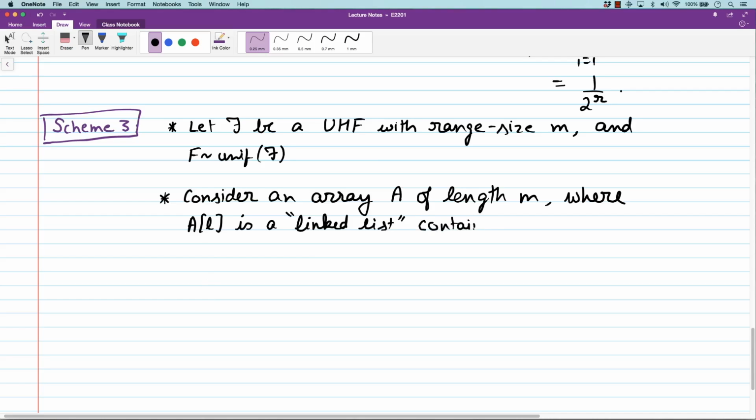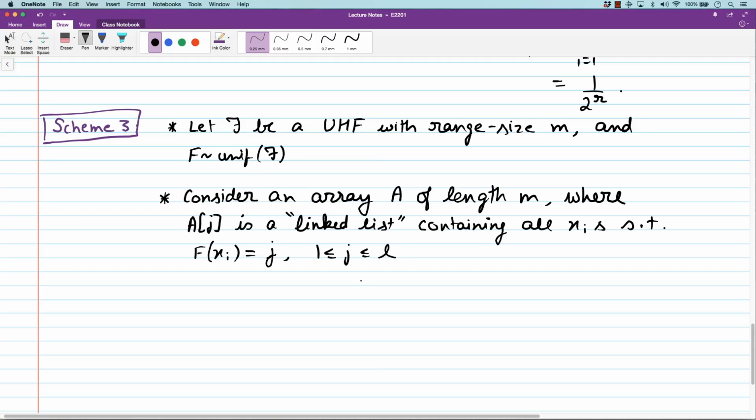What does it contain? It contains all xi's such that f of xi equals j. Let's call it j. So that f of xi is equal to j.